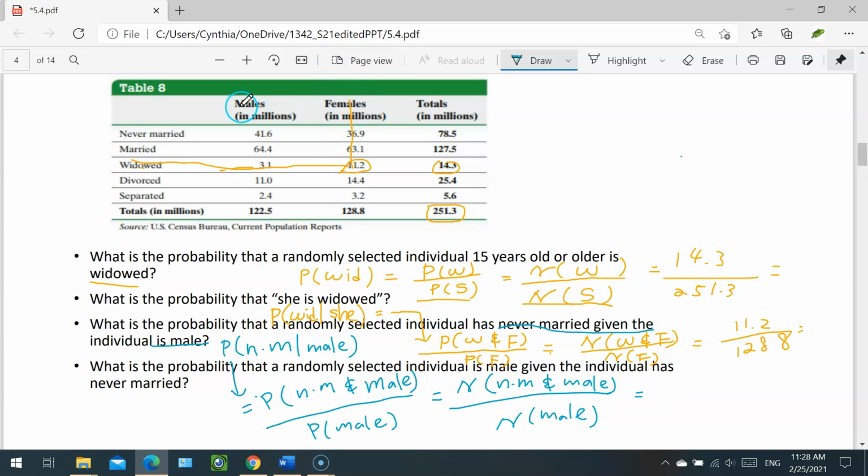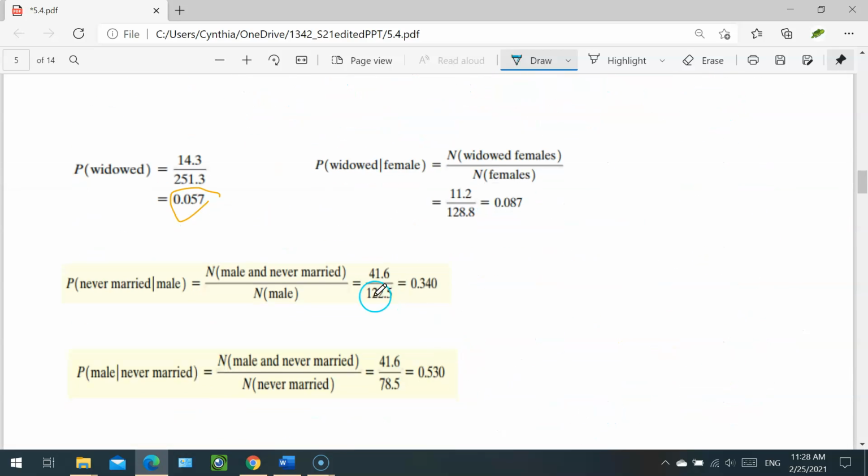The total sum of the male is 122.5. Never married and male is 41.6. So divide these two, and you get the probability of the male never married: 0.340.